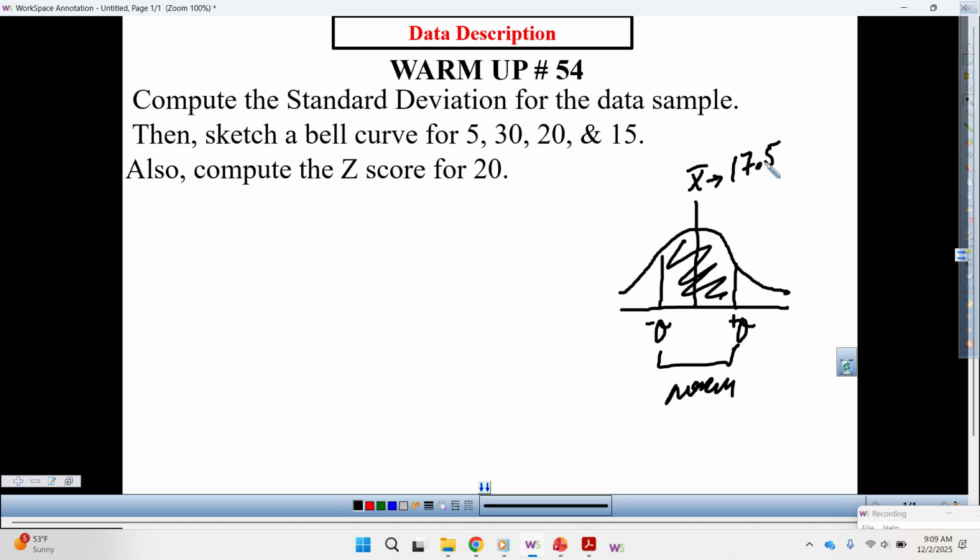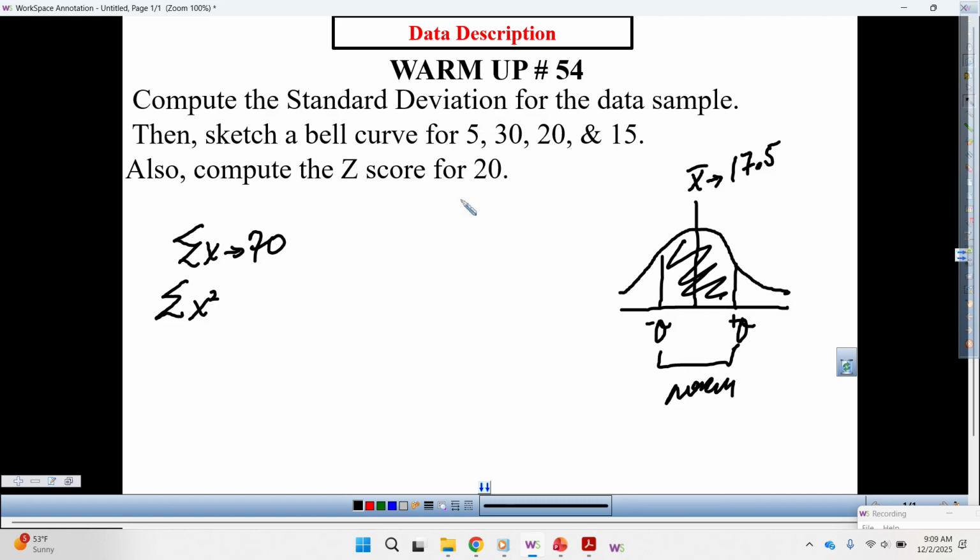All right. So standard deviation, for the sake of time, let me go over this since it's Tuesday. So I need the sum of all x's. So 20 plus 15, 35, 65, 70. And the sum of all x squares.